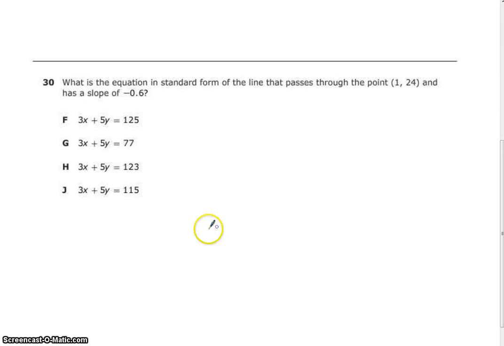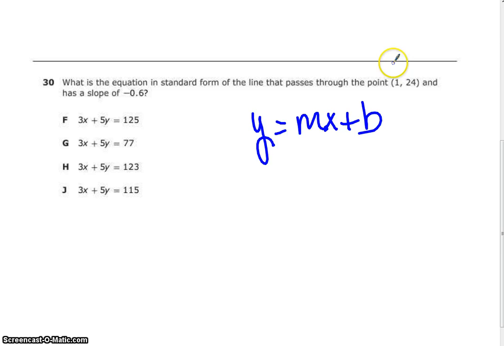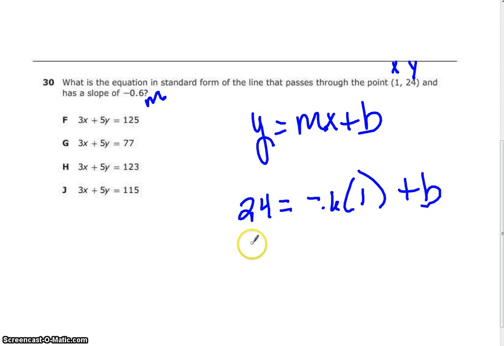Number 30, what is the equation in standard form of a line that goes through 1, 24 and has a slope of negative 0.6? Remember, this is where you start out with y is equal to mx plus b. They gave me x, they gave me y, and they gave me the slope, which is m. So instead of y, I'm going to put 24 equals, instead of m, it's negative 0.6 times, instead of x, it's 1 plus b. 24 is equal to negative 0.6 plus b.